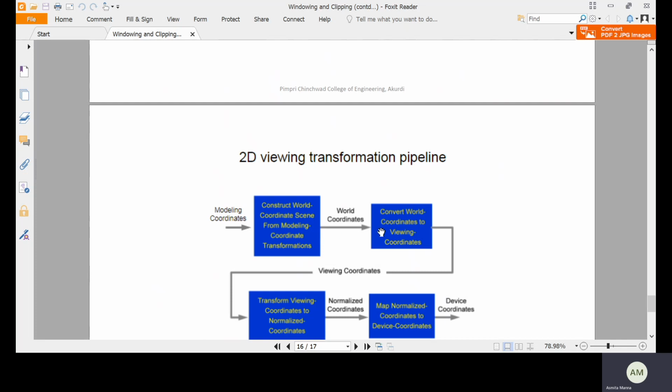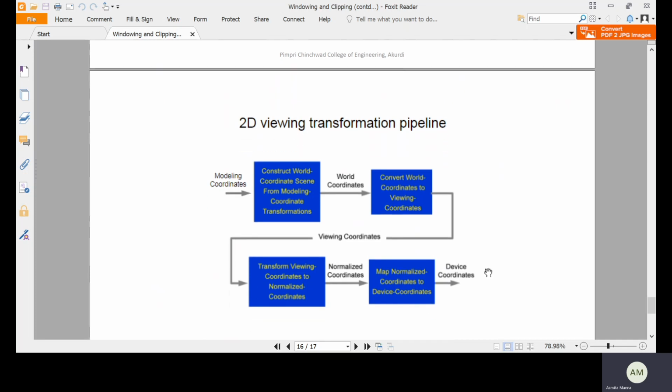Then it is converted into viewing coordinates from the world coordinates, then the viewing coordinates to normalized coordinates, so that we can use the same thing for all the devices. Then from the normalized coordinates, we map it to the particular devices, and it is finally in the device coordinate system. So that is all about two-dimensional viewing transformation from window to viewport.